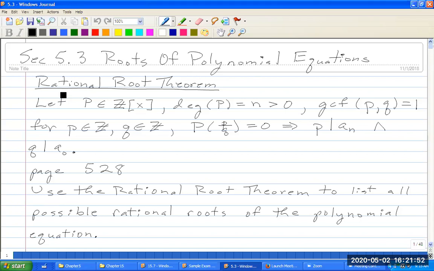So, root theorem. Let P be a polynomial with integer coefficients. Let the degree of the polynomial be greater than 0, so let this be a non-constant polynomial.